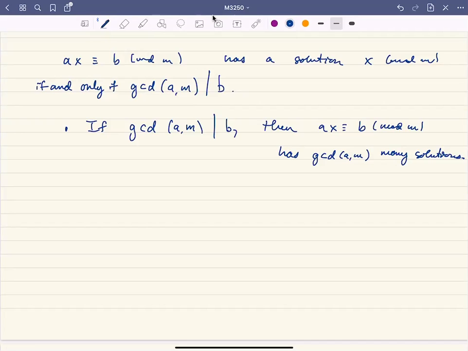If the greatest common divisor of a and m does not divide b, then there are no solutions. Just to reiterate, if the greatest common divisor of a and m does not divide b, then ax congruent to b mod m has no solutions.